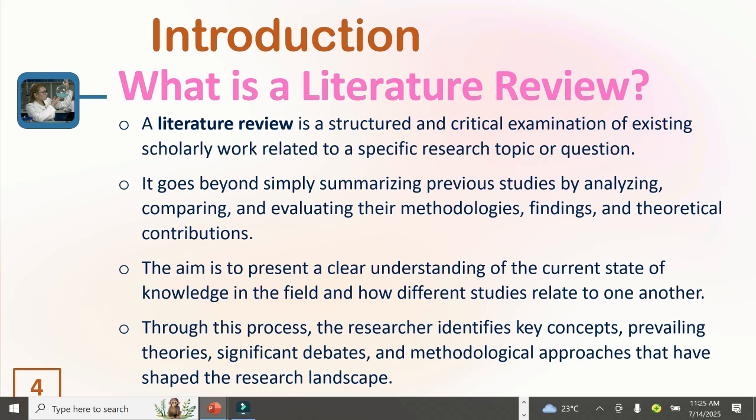The goal is to provide a clear understanding of what is currently known in the field and to show how various studies are connected or differ from each other. By conducting a literature review, the researcher uncovers key concepts, major theories, ongoing debates, and common methodological approaches that have shaped the field so far.